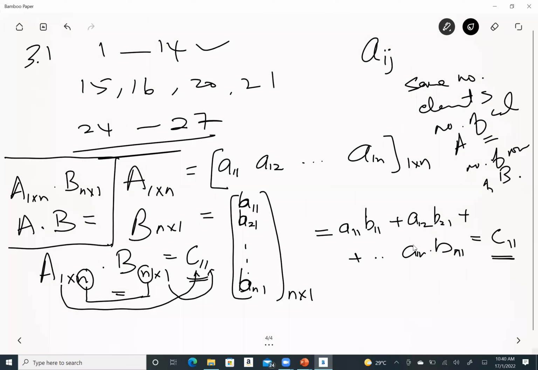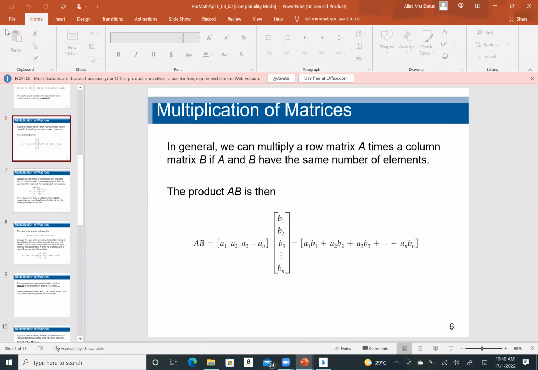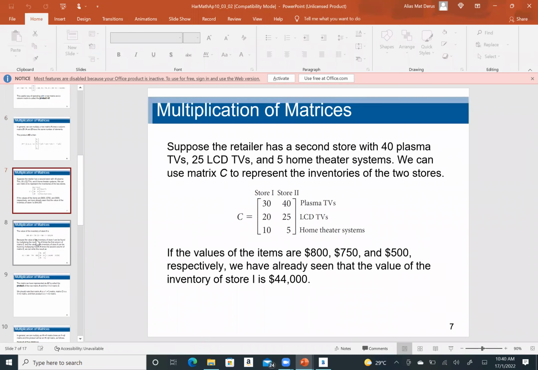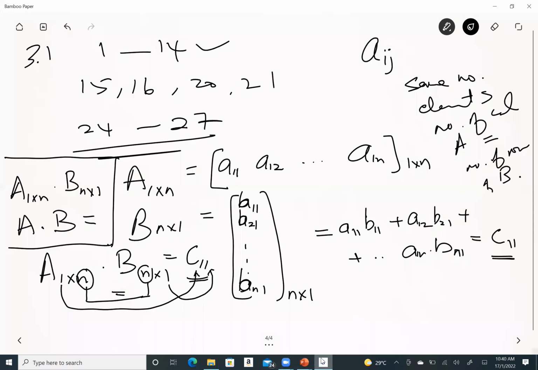Okay, example. Let's see whether the notes give an example. Oh, it doesn't give one, so never mind, we make an example. If I have A equal to 1, 2, 4, -3, and then B is a column matrix.